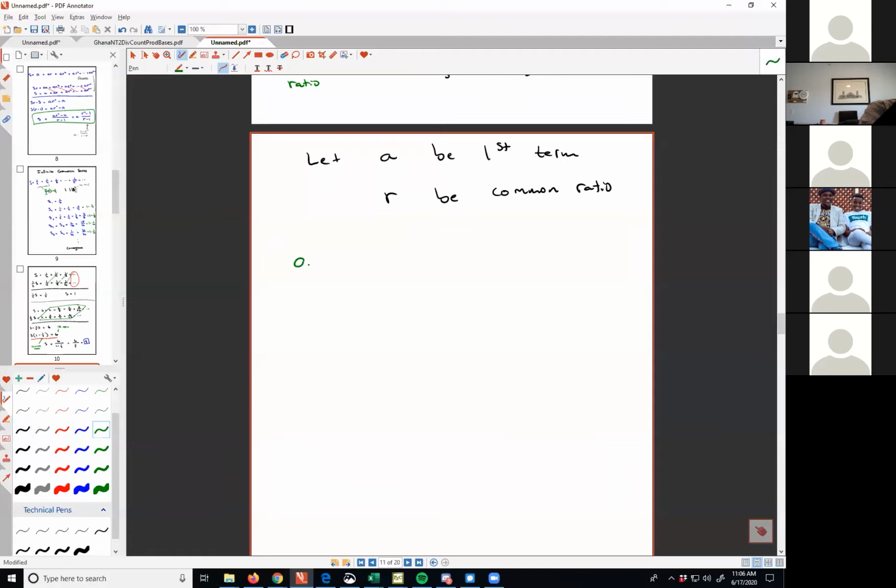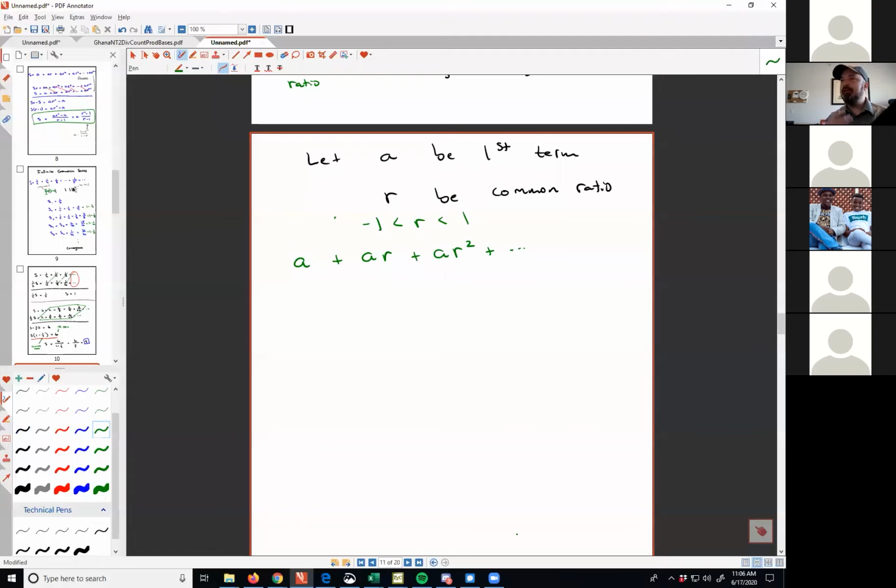And we have A plus AR plus AR squared, on and on and on. And again, we're going to assume that the common ratio is between -1 and 1.